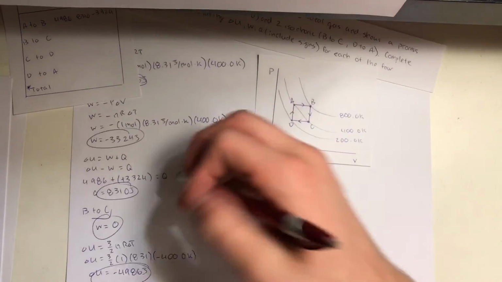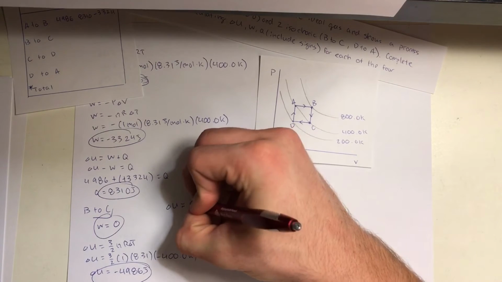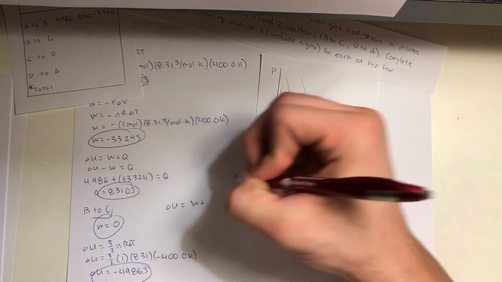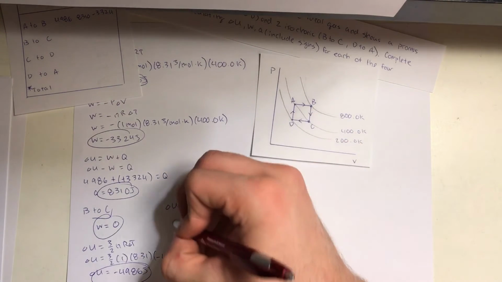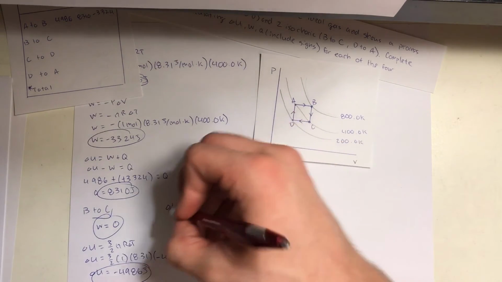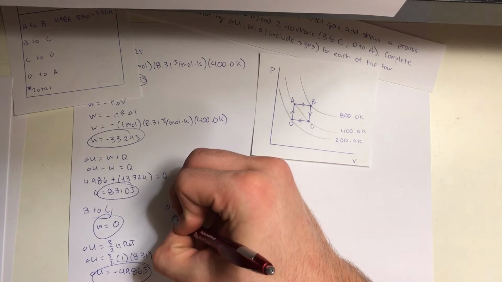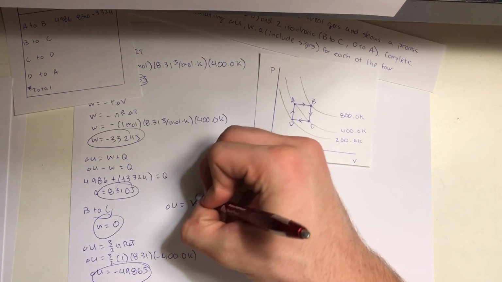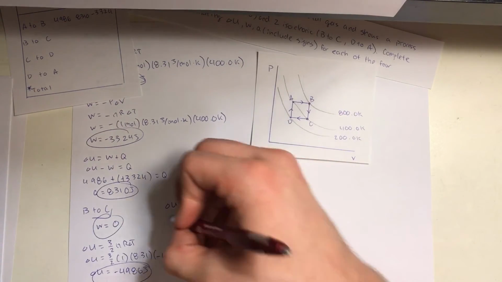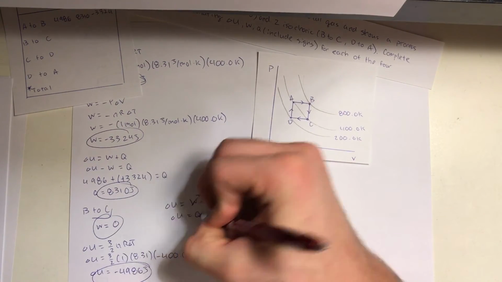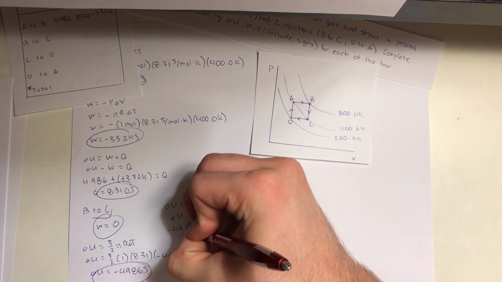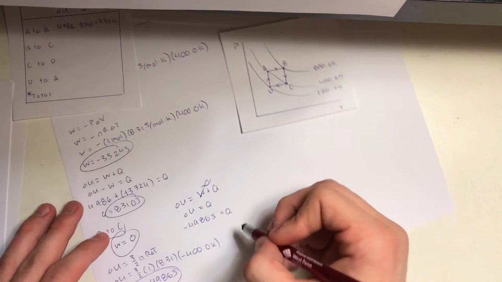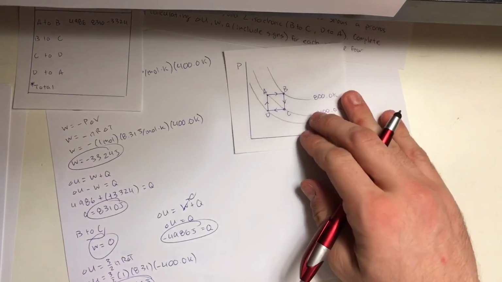And then we'll just simply do delta U equals work plus the heat. So delta U, my mind just blanked. What were we finding? Oh, work is 0. So delta U equals Q. So Q is the same as the change in internal energy.